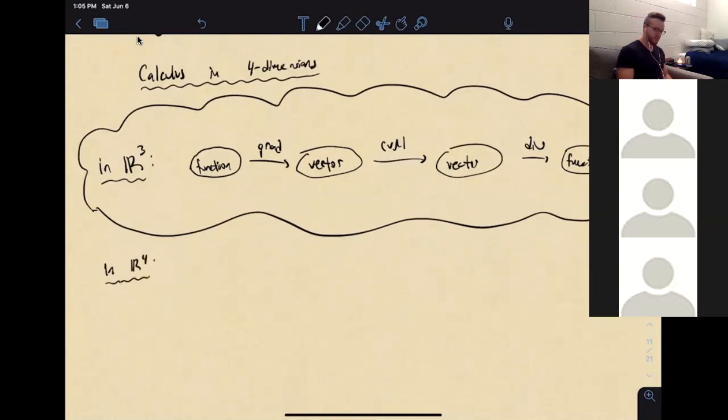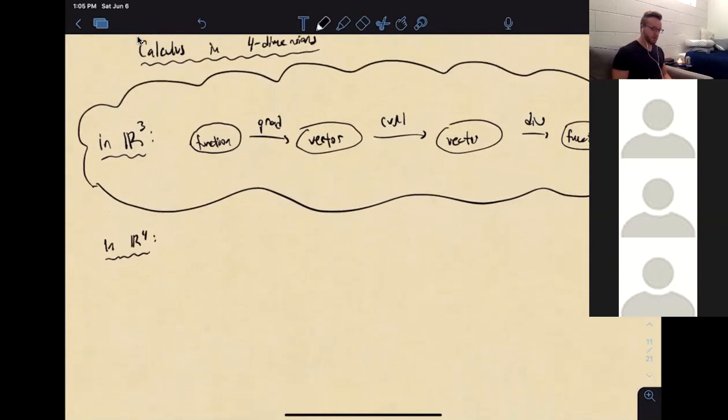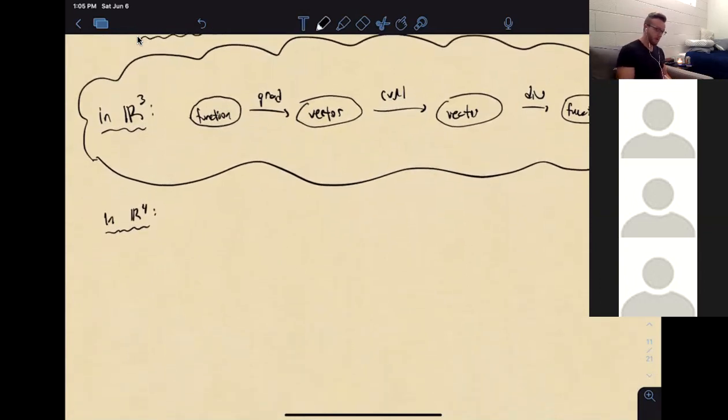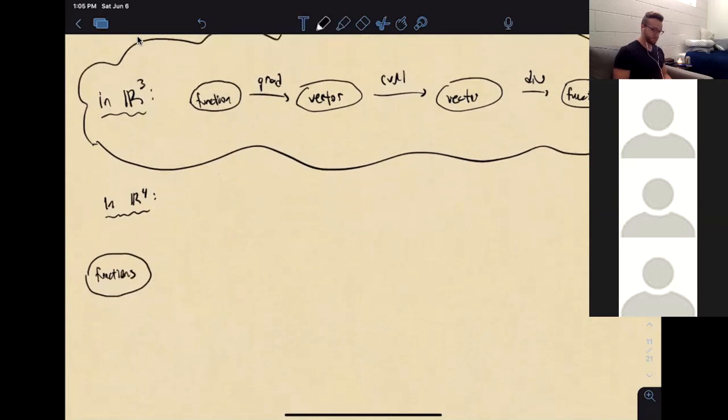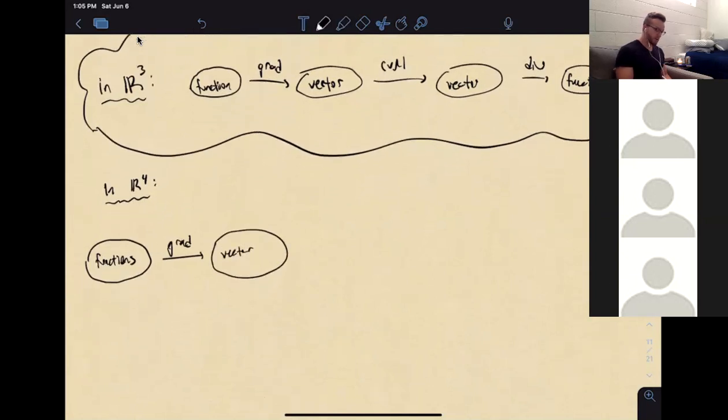There's a lot of things that are the same, but there's some things that are a little different and a little weird. So in R4, we start out in the world of functions. And the gradient is the same. The first operation is the gradient, and it spits out a vector field. And it does what you think it does.